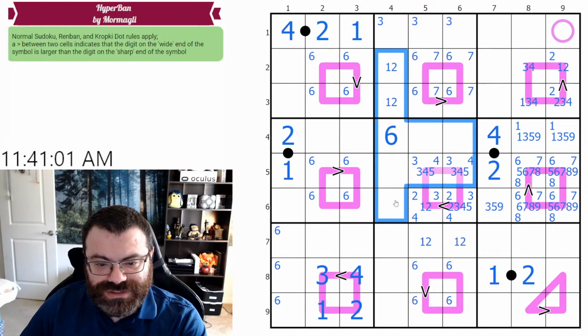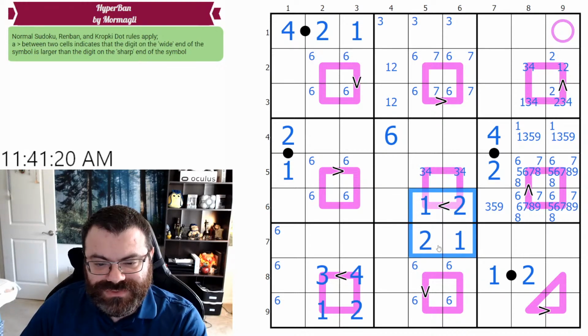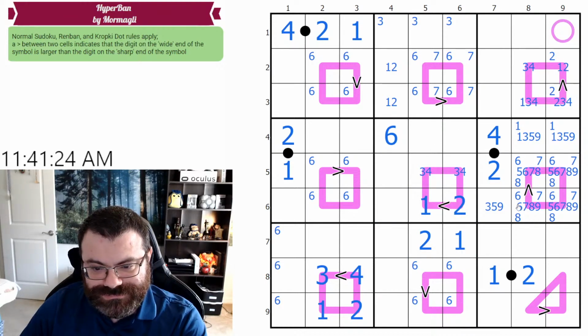I didn't see this 1-2 pair looking down. So this has to be the 1. And so now we know that this is also a 1, 2, 3, 4 Renban. So that's a 2. I suppose this greater than was to resolve this deadly pattern here. Let's see.